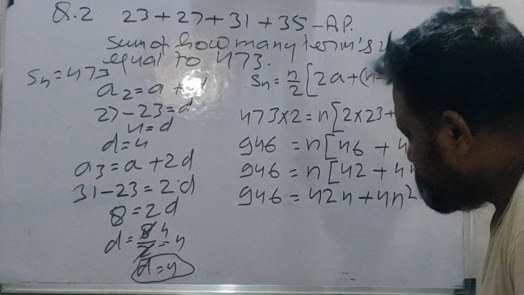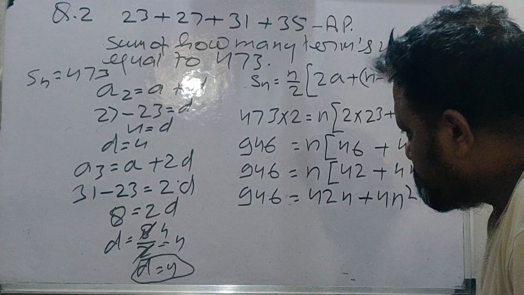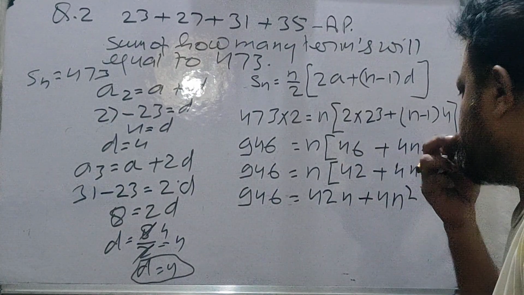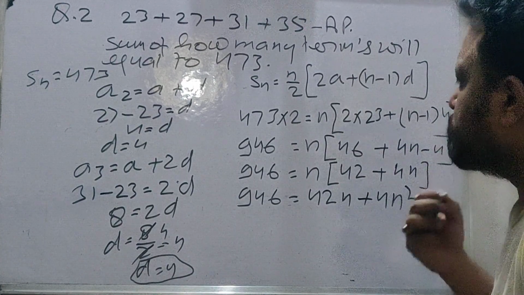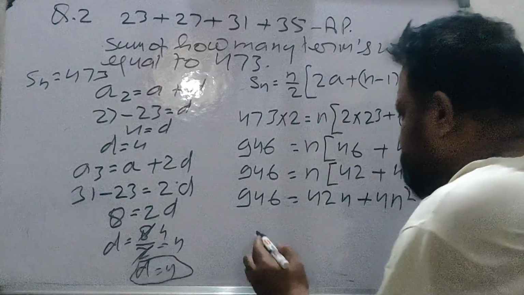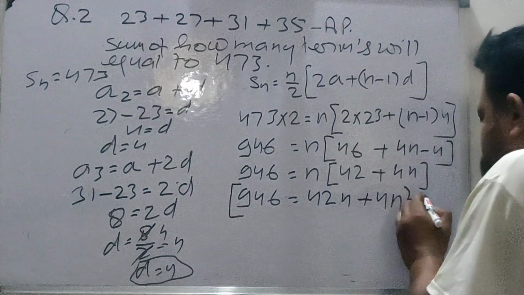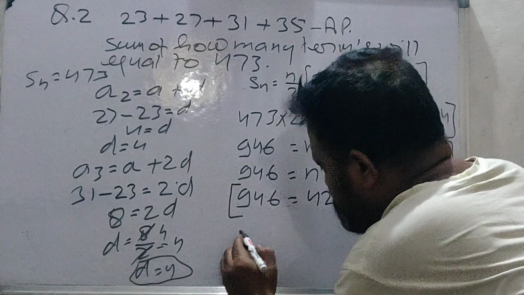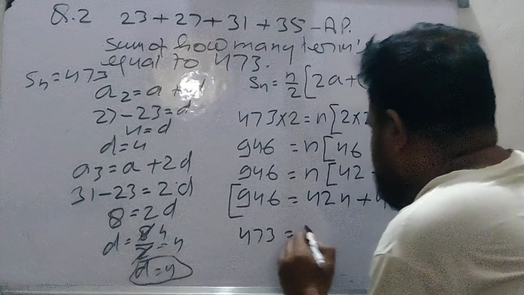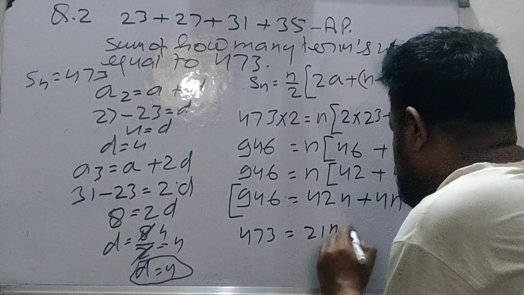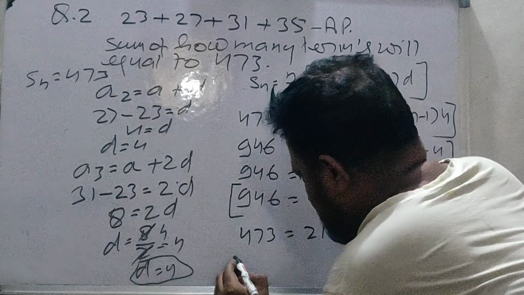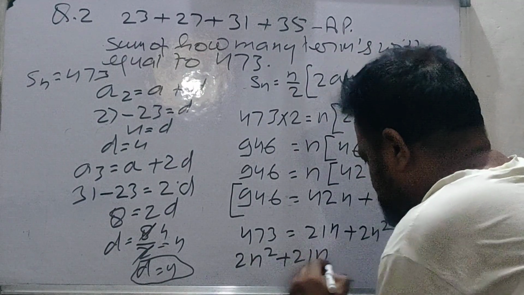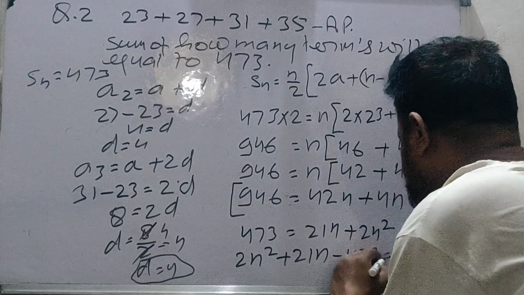If we divide the whole equation by 2, we get 473 is equal to 21n plus 2n square, or we can write 2n square plus 21n minus 473 is equal to 0.